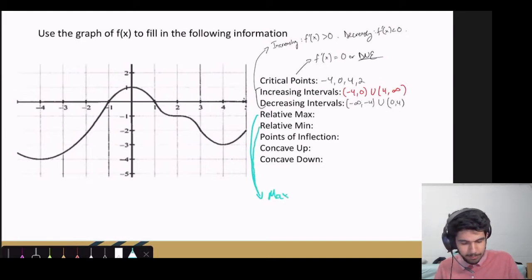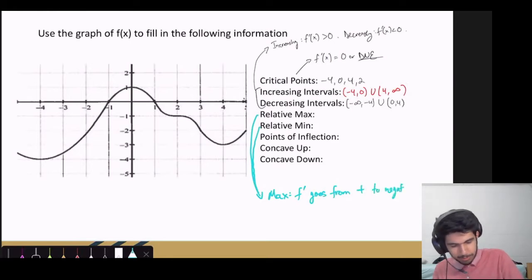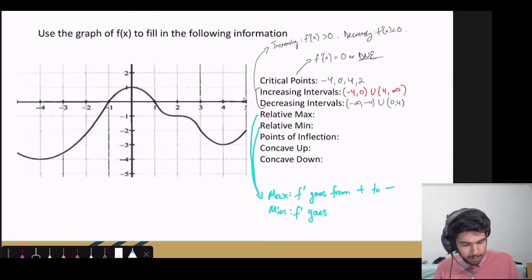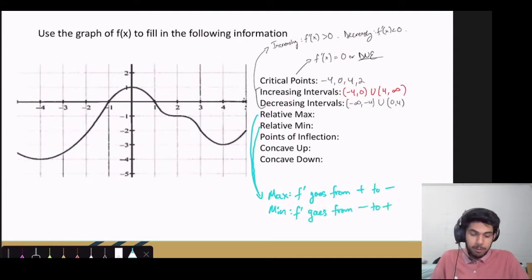So for max, f prime goes from positive to negative. And for min, f prime goes from negative to positive. So this means if we have a relative maximum, on the left-hand side of that maximum, f prime should be positive, and on the right-hand side, it should be negative.